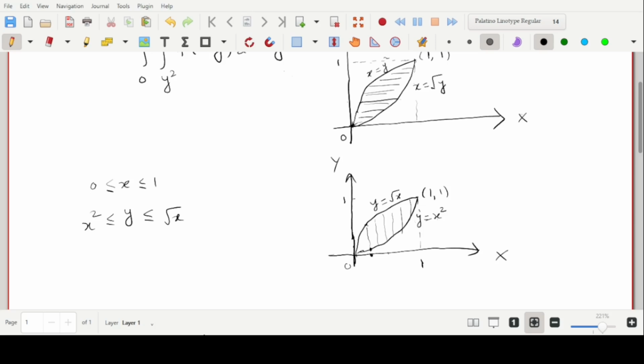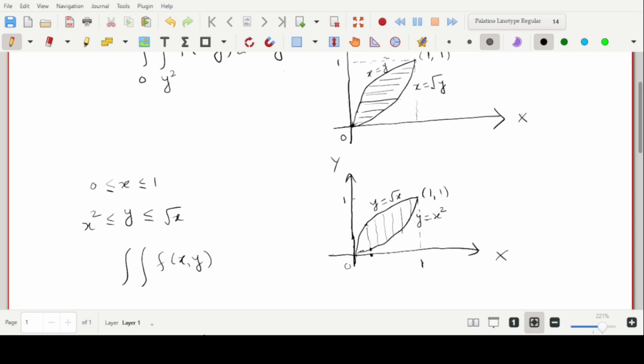So y varies from x square to square root of x, and that covers the whole region. So we can write this integral equivalently as f of x, y.